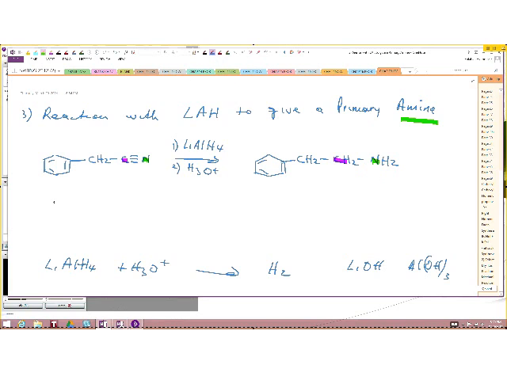Okay, another example. LAH followed by hydronium ion.